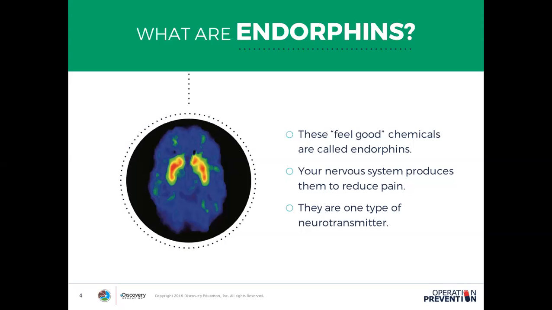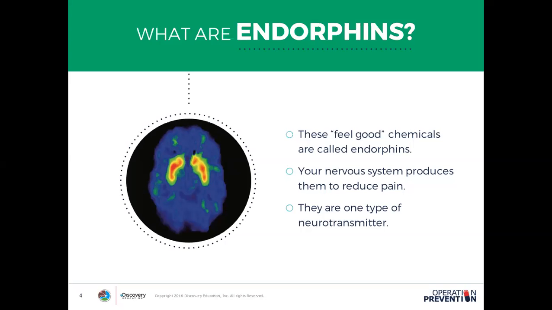So what I want us to remember about endorphins is, number one, messages in our brains are sent between cells. Number two, through science, we can see how brain activity reacts to endorphins. Three, feel-good chemicals are also known as endorphins.